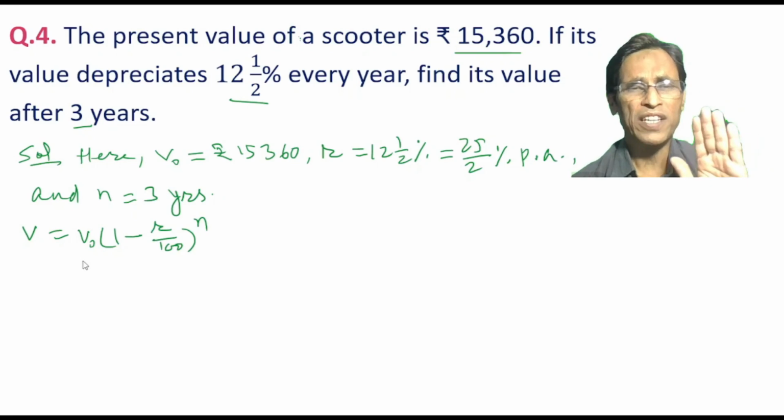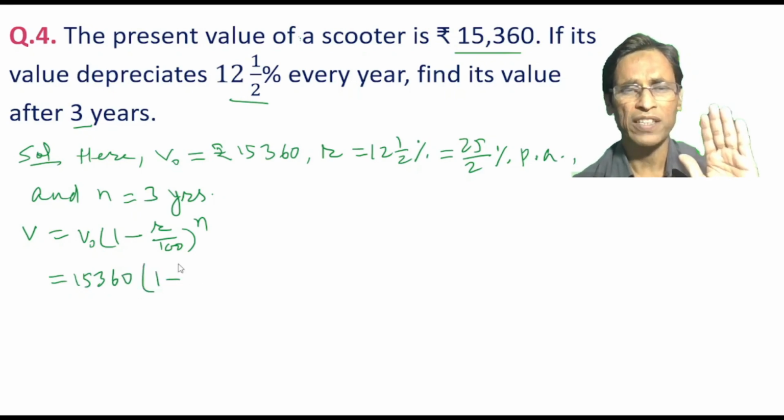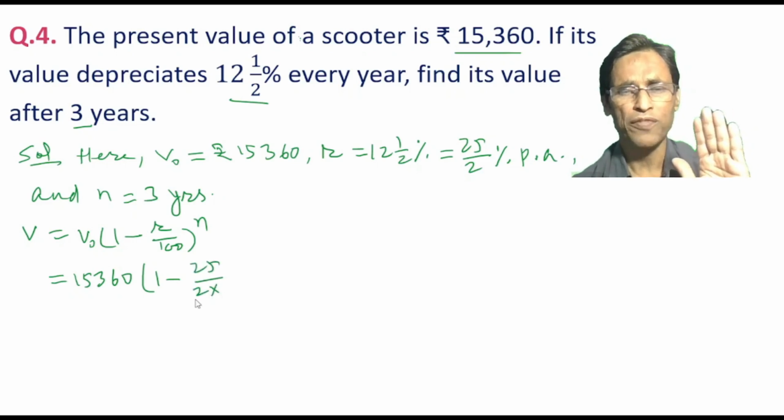Now we will replace the terms whose values are given in the question. V0 will be replaced by 15,360, and r is 25 by 2, so 25 by 2 into 100, and power n will be replaced by 3.